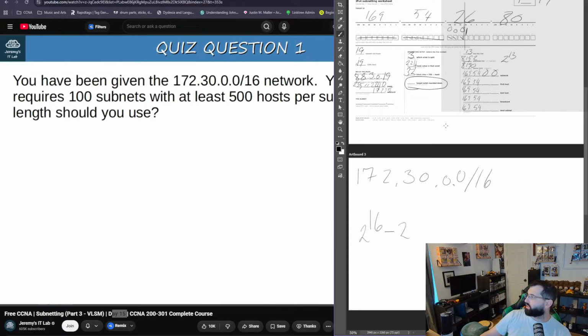Let's go over to the good old calculator. 2 to the power of 16 is going to be 65,536. So 2 to the 16 equals 65,536. So that's how many subnets we have.